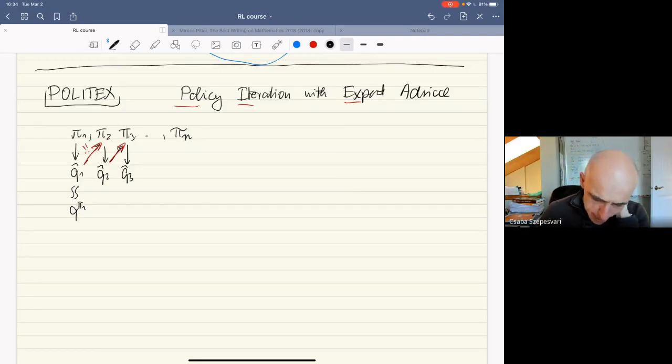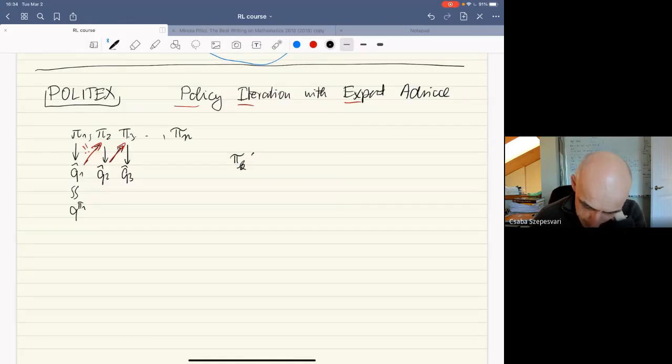So what are these red arrows? How does it work? Has everyone heard about softmax or the Boltzmann distribution? So this is going to be Boltzmann.